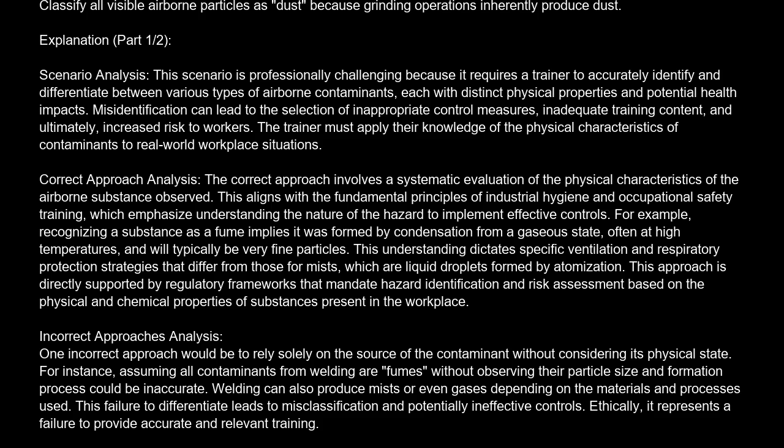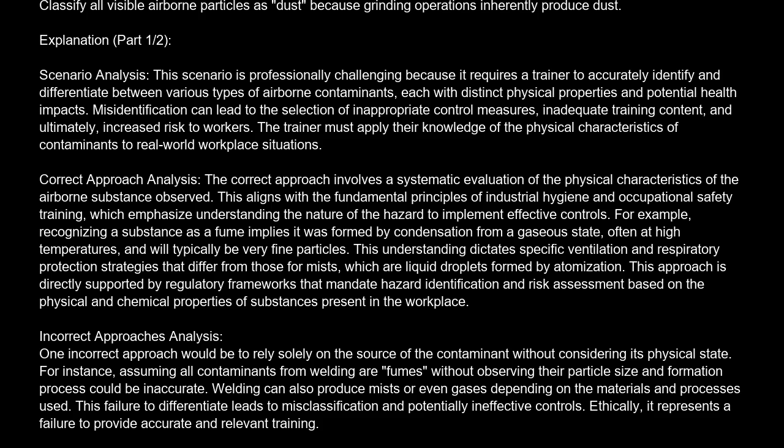This understanding dictates specific ventilation and respiratory protection strategies that differ from those for mists, which are liquid droplets formed by atomization. This approach is directly supported by regulatory frameworks that mandate hazard identification and risk assessment based on the physical and chemical properties of substances present in the workplace.